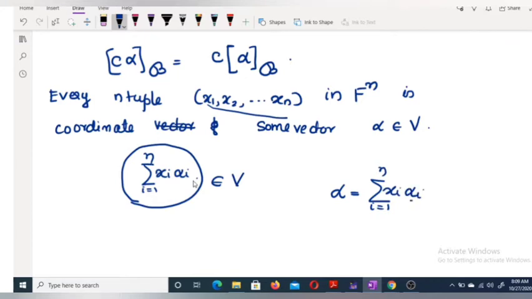The alpha i's form an ordered basis, therefore this representation is unique. And for the corresponding alpha, the matrix of alpha relative to basis B equals x1, x2, etc., xn. Therefore, for each n-tuple in Fn, we get a vector alpha in V, which is the vector sum from i equals 1 to n of xi alpha i.